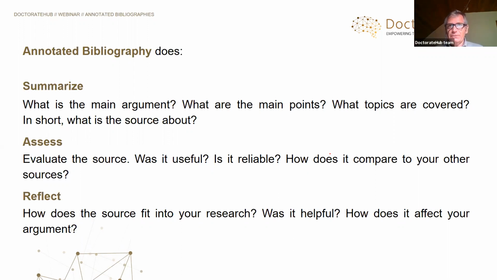First, the question is, does it fit or not? And then you try to understand how it fits, how helpful it was. And how can I build it in order to justify my ideas and to support my views?